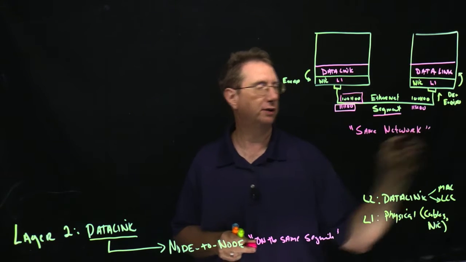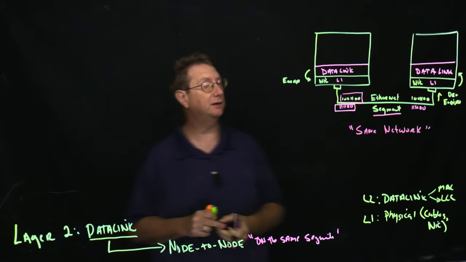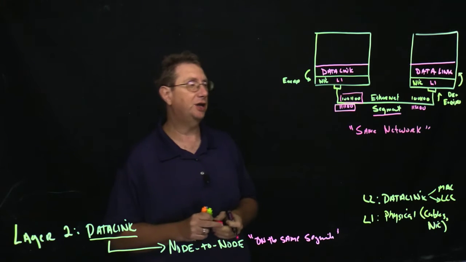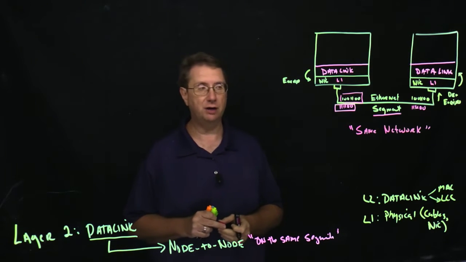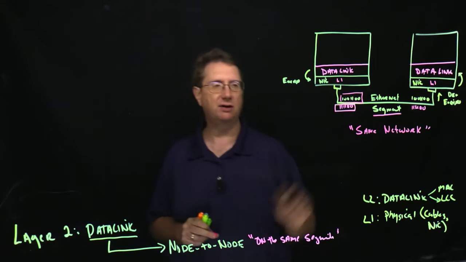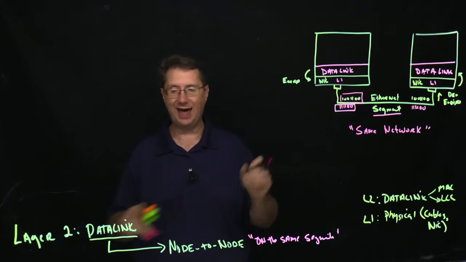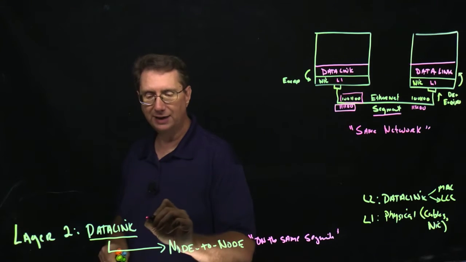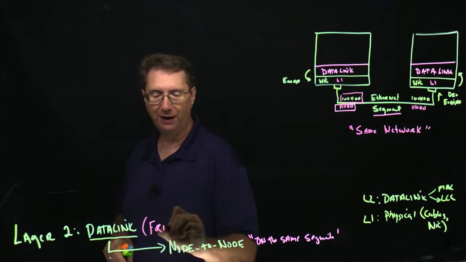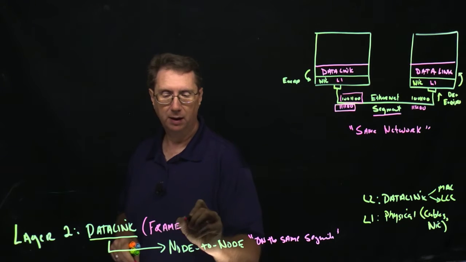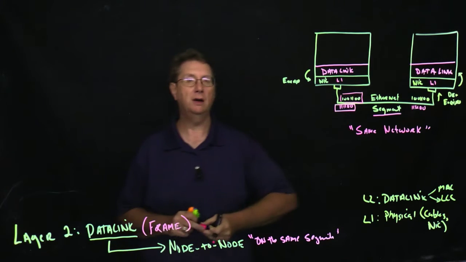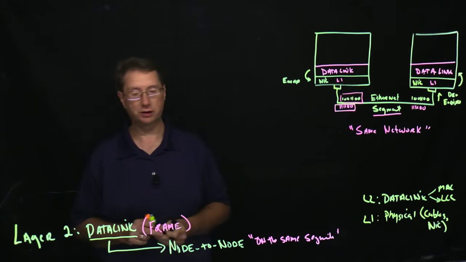And I know I'm kind of putting the cart before the horse because we haven't talked about the advanced functionality that we described in the introductory module. But if these devices are on the same network, then I can actually communicate device to device at layer 2 utilizing the PDU that we call a frame. Because frames can be forwarded throughout my layer 2 infrastructure.